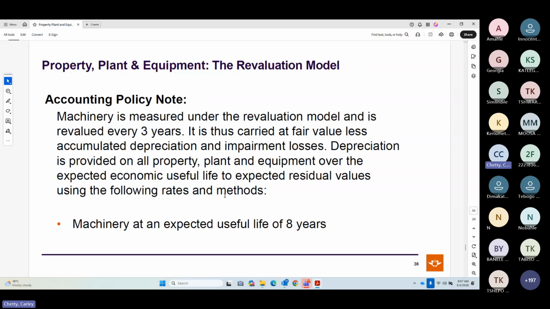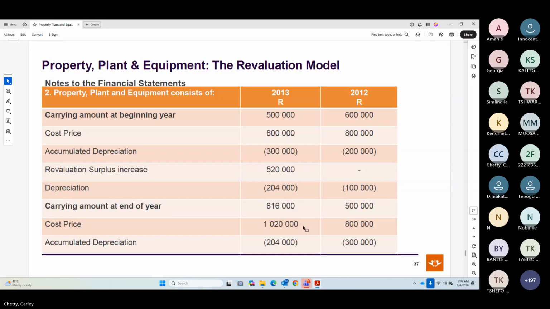So we know that it is going to be carried at fair value, less accumulated depreciation and impairment losses. And they told us that the machine has a useful life of 8 years in the scenario. Then we have our PPE note. So this is going to show us the value of PPE.